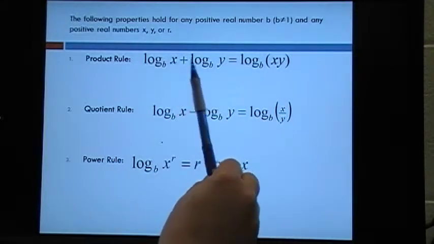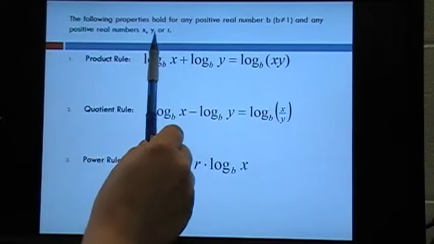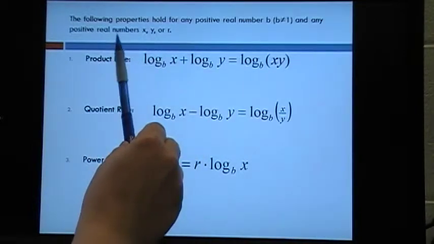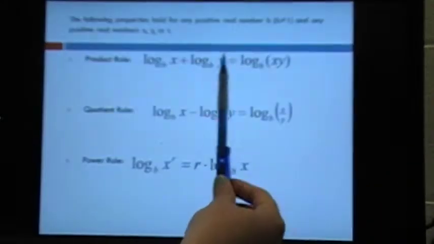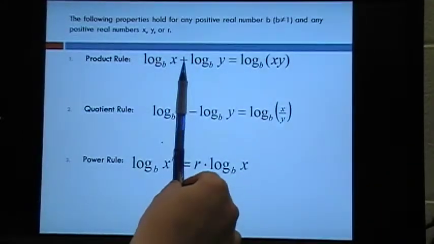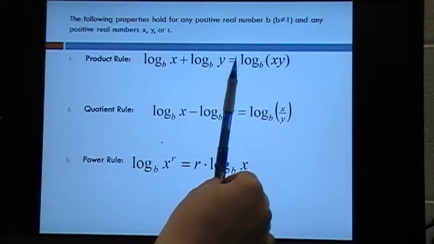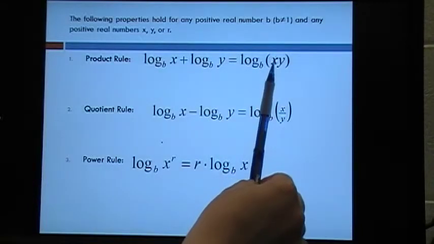So for any x, y positive real numbers, and b not equal to 1, it would be true that the sum of these logs is equal to the log of the product of those arguments.